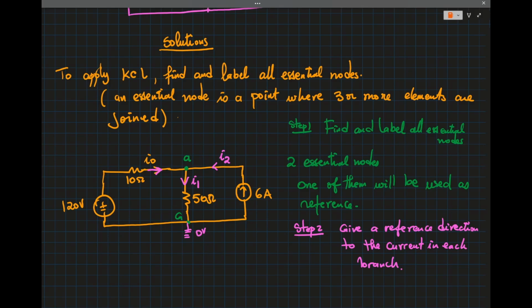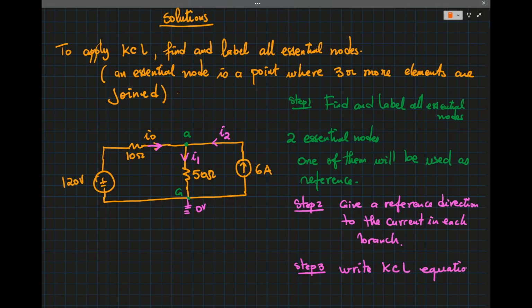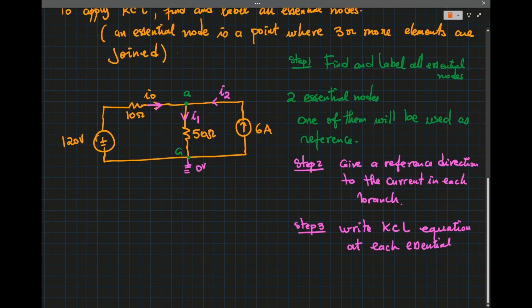Then step 3, write the KCL equation at each essential node, the remaining essential nodes.